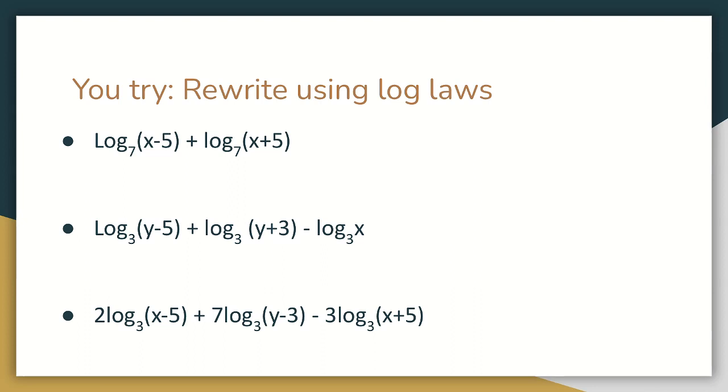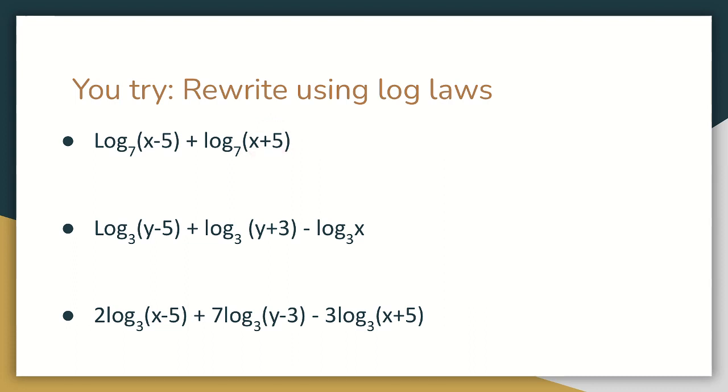All right, on the first one here, we can think about what values of x are allowed. Here, x has to be greater than 5. And here, x has to be greater than -5. So the more restrictive is that x has to be greater than -5.